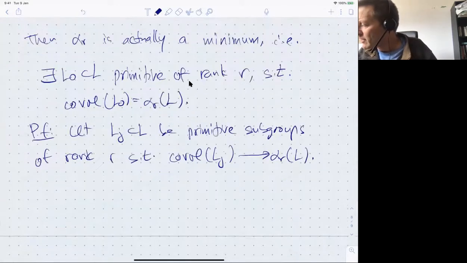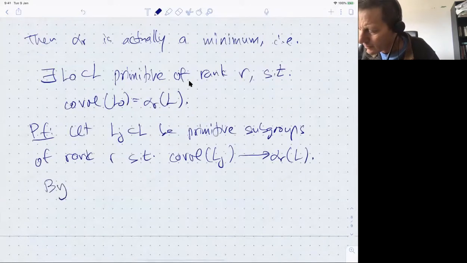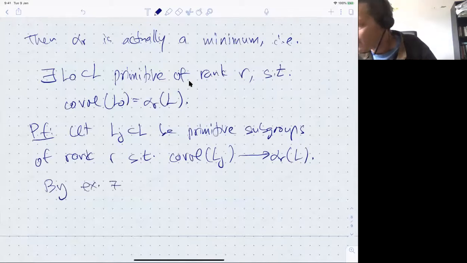Using exercise 7 again, in other words, I want to choose a nice basis for Lj.